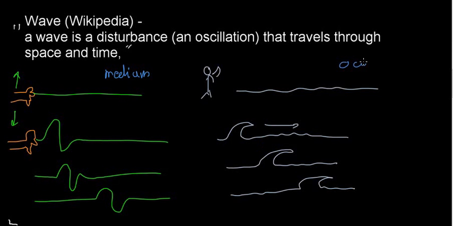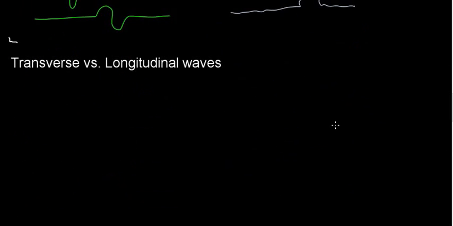Here the medium is the rope, and here the medium is the ocean. And mediums are quite important to understand when we're talking about electromagnetic radiation and maybe sound waves a little bit later. And we'll see in that respect why electromagnetic radiation is so special. But before we do, let's talk a little bit about transverse and longitudinal waves.